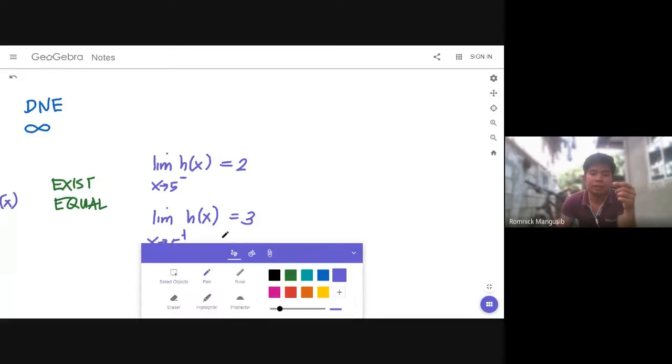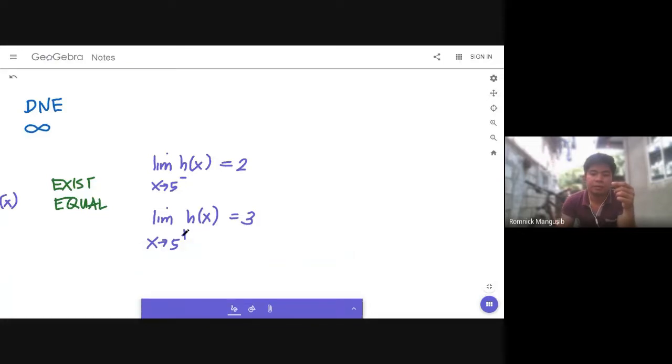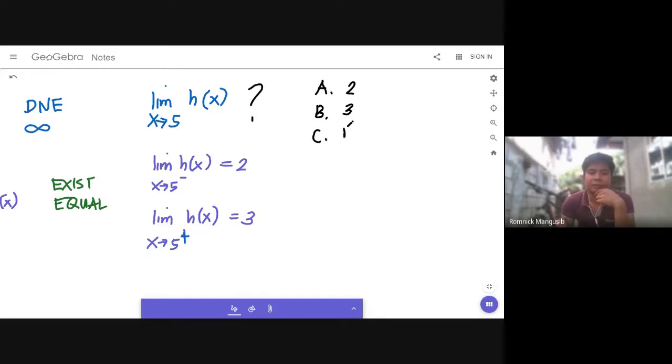Okay, now here, okay, this is right. My question to you is, so what is the limit of h of x as x approaches 5? Then I'll give you options. And may you please comment your answer? Letter A, the answer is 2. Letter B, so ano ito? Yun ang tanong. So letter B, 3. C, the limit does not exist.